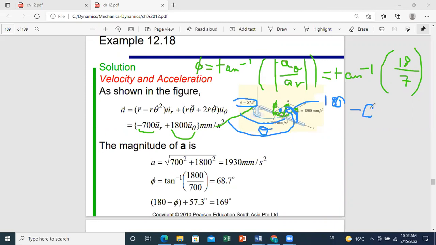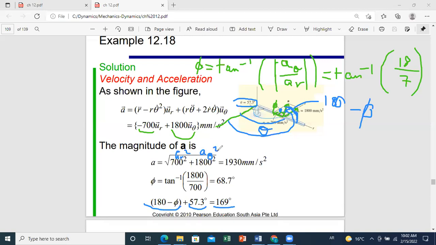So in total, my angle is 180 minus phi plus 57.3. So my acceleration vector is making an angle of 169 degrees with the reference line. And of course, for the magnitude, all I have to do is the square root of A_r squared plus A_theta squared.